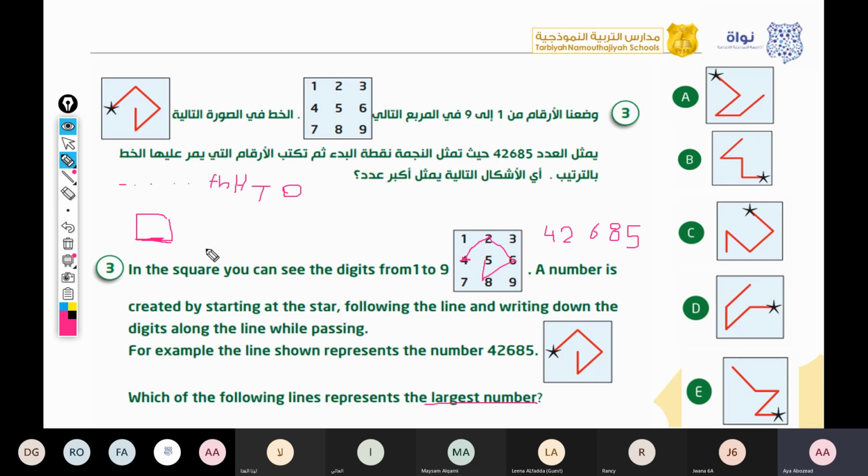Now, which one of them, A, B, C or D, if I follow the path from the star, will give the largest number? I'm waiting.